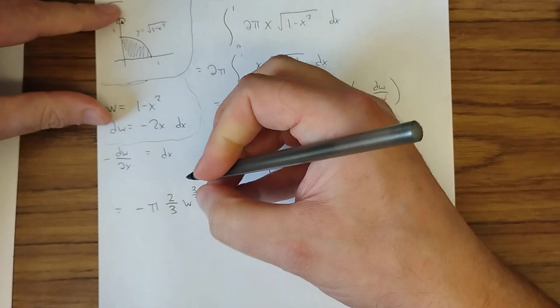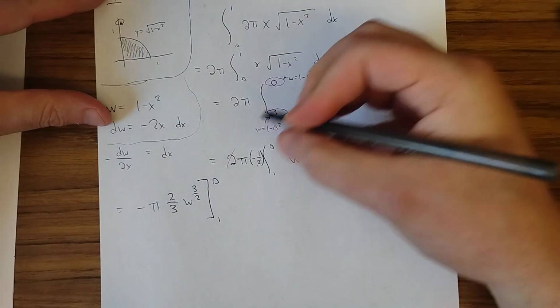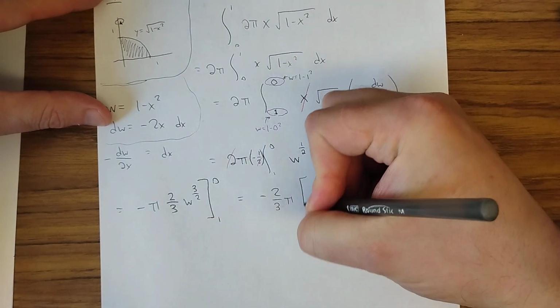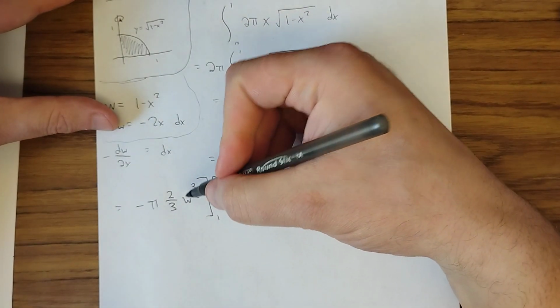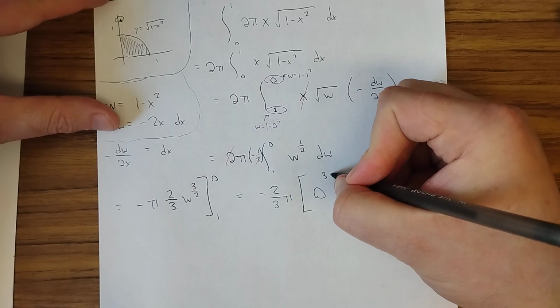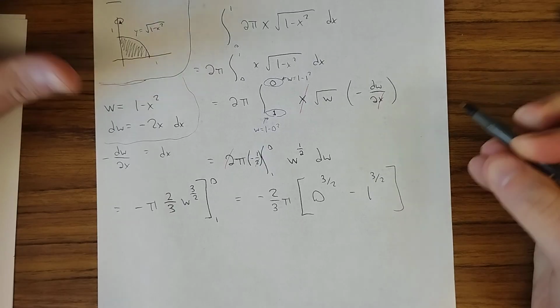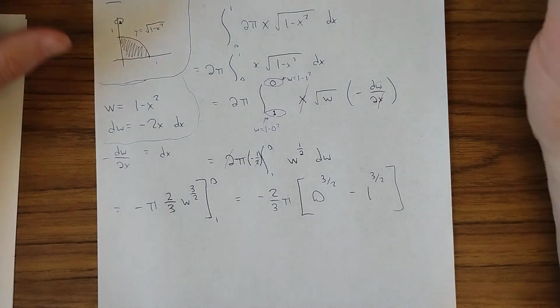All right. And then I go like this and this. So I've got my negative 2/3 pi in front, and then I'm going to have 0 to the 3/2 minus 1 to the 3/2. 0 to any positive power is 0, and 1 to any power is 1.